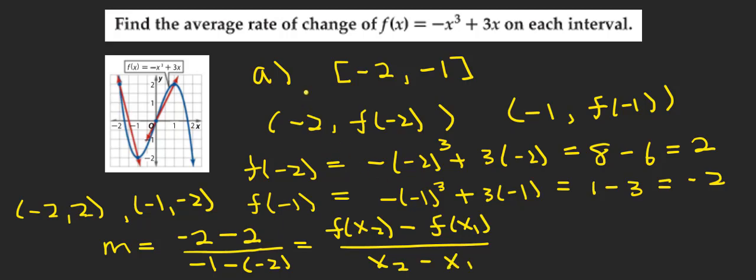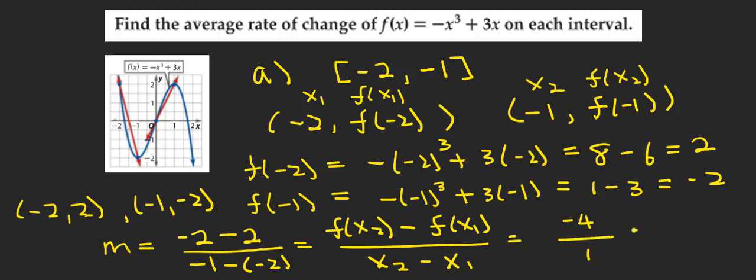This is our x1, and this is f of x1. This is our x2, and that's f of x2. So what do we get when you evaluate? I should have put this over here and the work over here, but you get the idea. So you get negative 4 over 1, which is going to be negative 4.